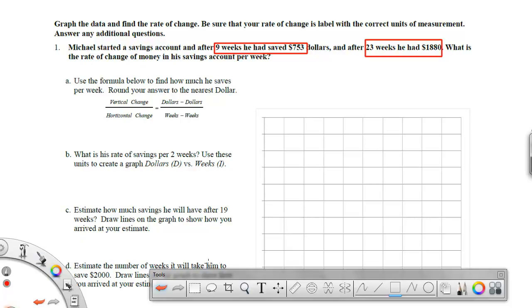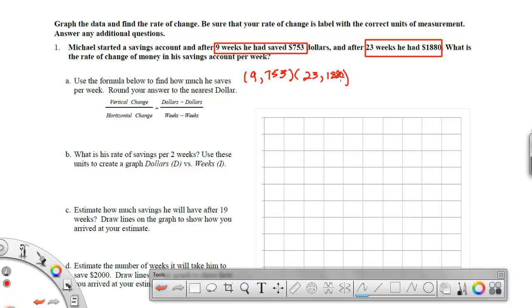So we'll go ahead and mark that down here. So we've got 9 and 753, and then we've got 23 and 1,880. So now let's go ahead and put it in our formula.